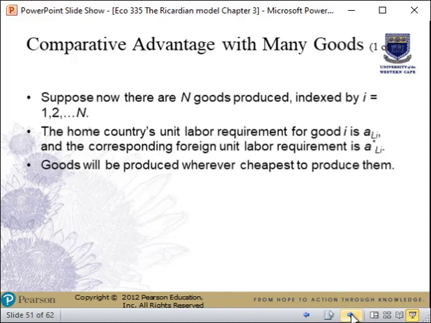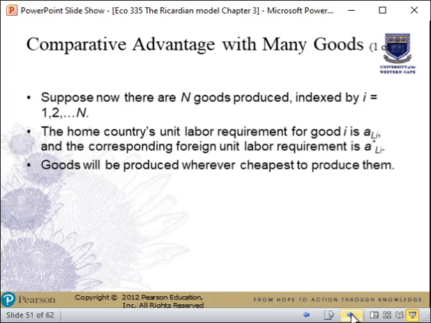The simple one factor model of international trade can be extended to include many products. To achieve that, let's further assume that both home and foreign countries consume a large number of goods and services, say N, and the technology in home and foreign country are best described by the unit labor requirement.